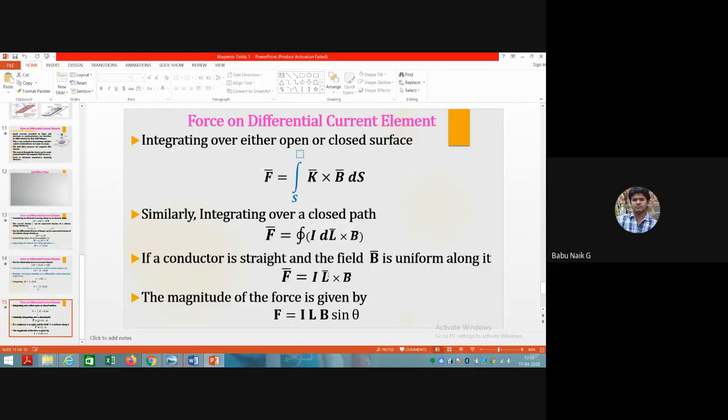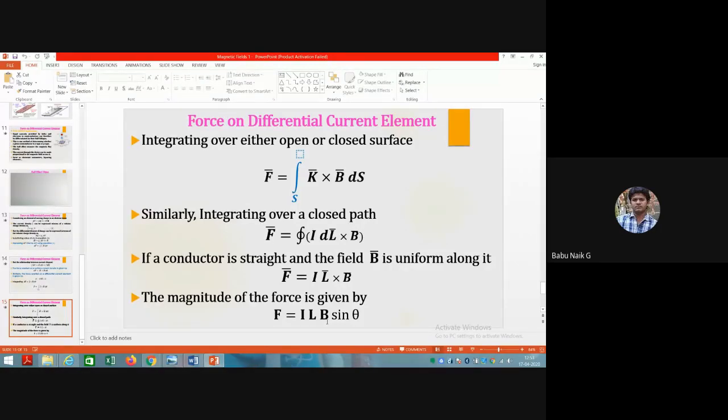If it is a straight conductor with uniformly distributed current, you can take the force as I into L, the length of the conductor, cross B bar, and the magnitude of the force is given with sin theta: force is equal to I L B sin theta.